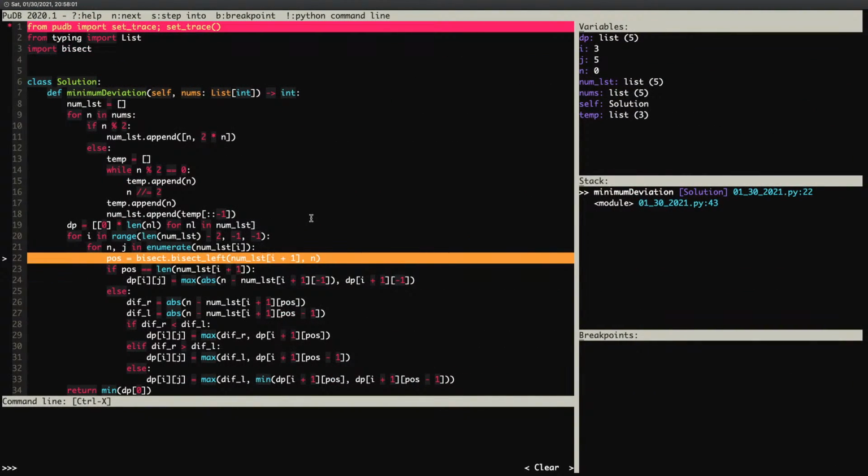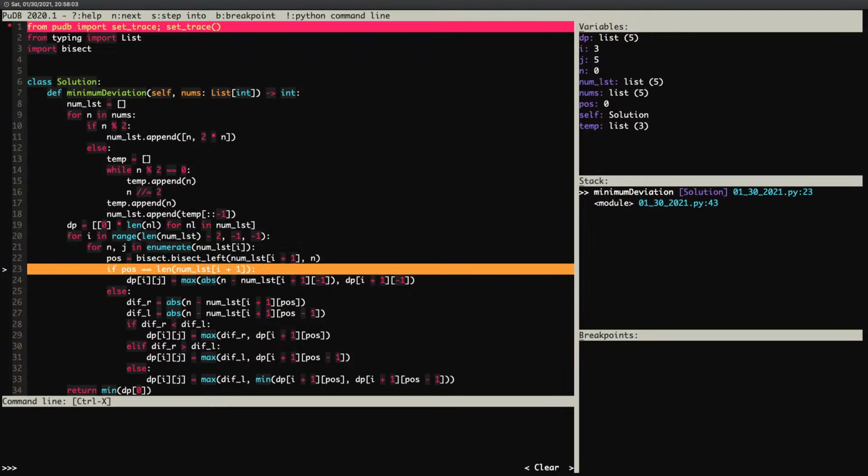And then position is 5. Position is 0. No, wait, position is not 0. Position is 0. N is 0.